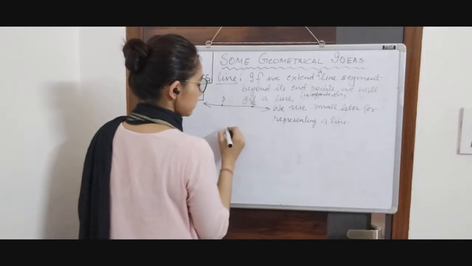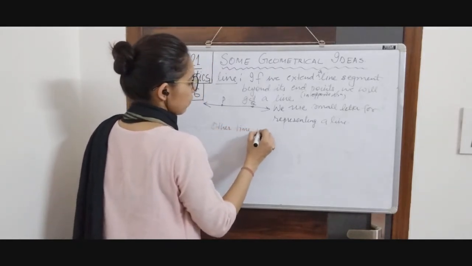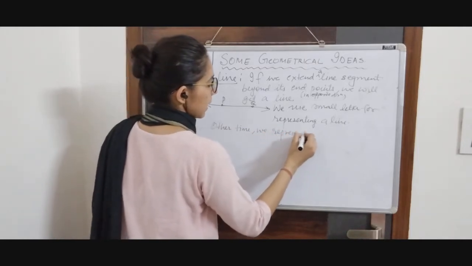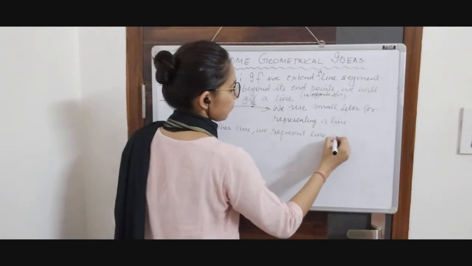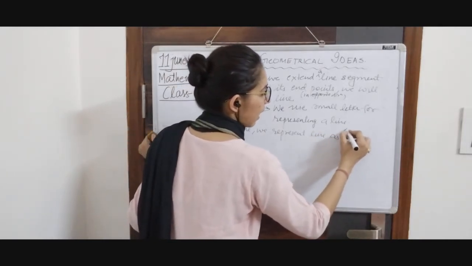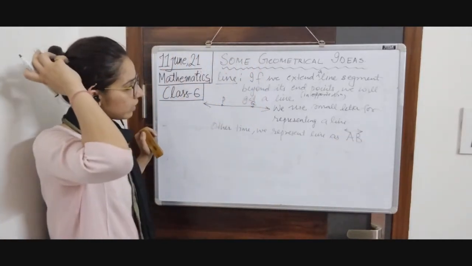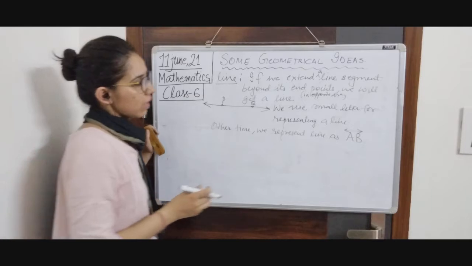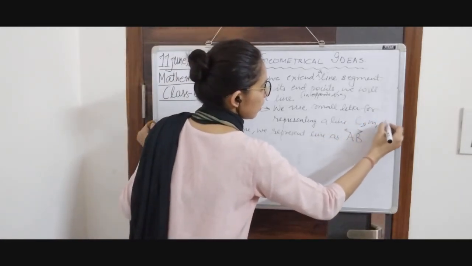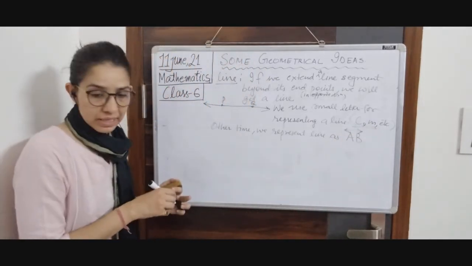And other times we represent a line as AB with a two-headed arrow on it, like L, M, etc., either by this method or by this method.